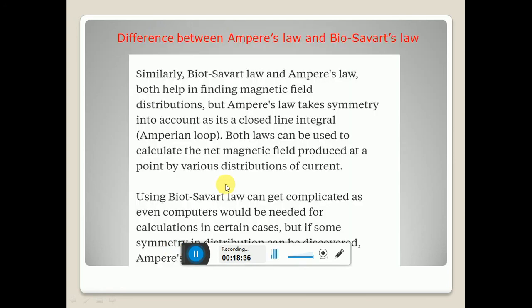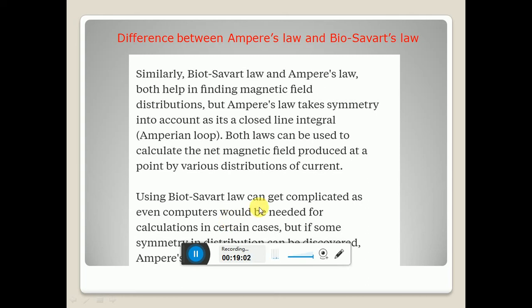We have seen Ampere's law as well as Biot-Savart's law. But what is the difference between them, and where can we use these laws in particular cases? Biot and Savart's law we can apply to complicated structures where there is an unsymmetric distribution of magnetic field.